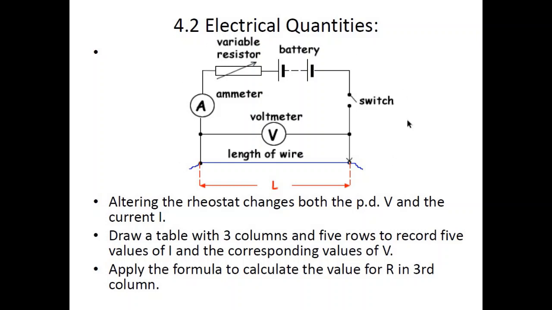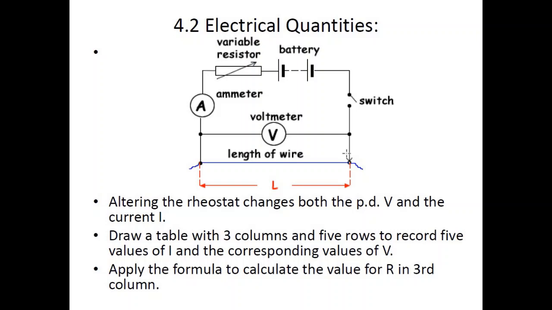So what you'll need to do after setting up this diagram, or if you are already given this diagram, is draw a table with at least 3 columns and at least 5 values, taking different values for V and I by adjusting the variable resistor.